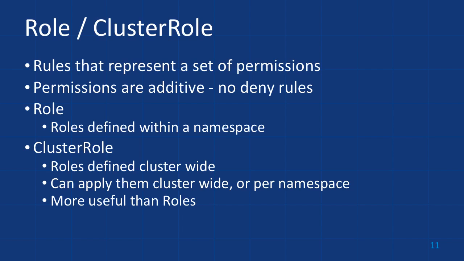But the interesting thing about cluster roles, and what people don't initially understand, is that you can apply them either cluster-wide or per namespace. Meaning you can create a cluster role that's applied across the entire cluster, but then you can create a role binding that binds a specific user to that cluster role in a specific namespace. And for that reason, they're much more useful than roles.